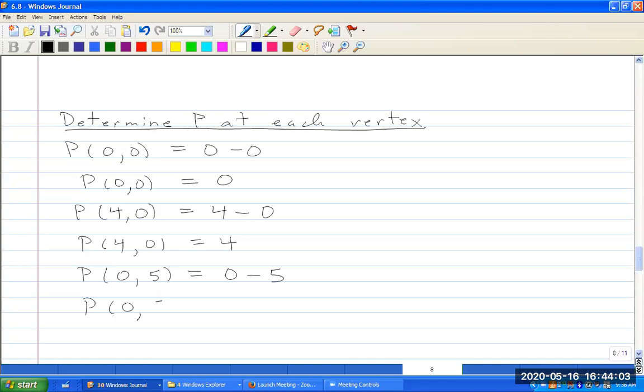So now that I've done this, I want to optimize P. So let's determine the optimal value.